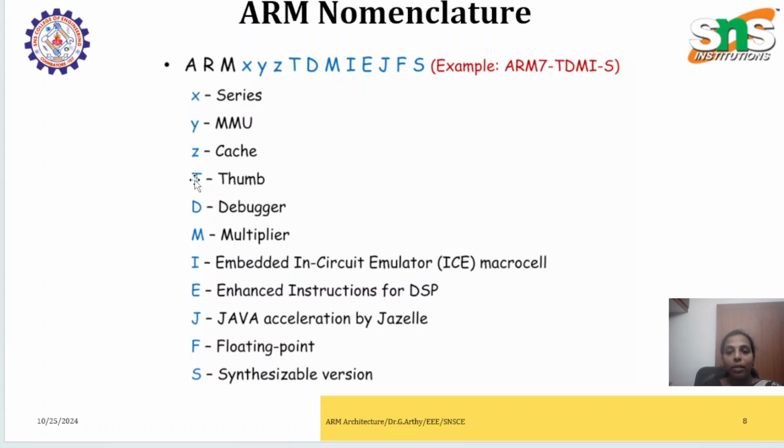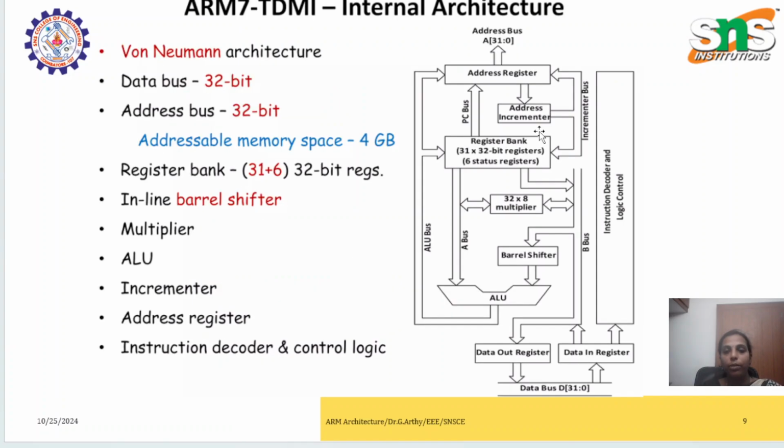If it is T, then it means that it uses the thumb instruction set. If it uses D, then it means that it has a debugger. Similarly, every alphabet in the name means different features.